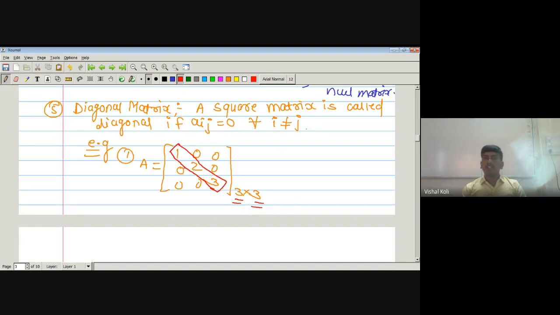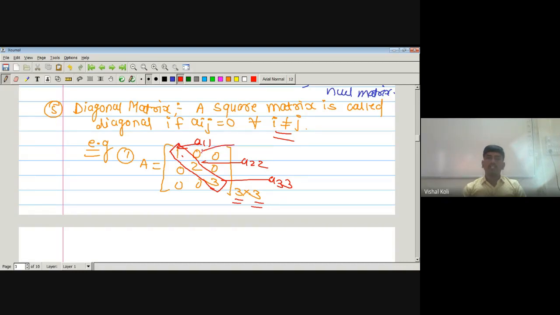If i equal to j, then these elements are A11, A22, and A33. These 3 elements are not equal to 0, but we require the other elements to be equal to 0 whenever i is not equal to j.